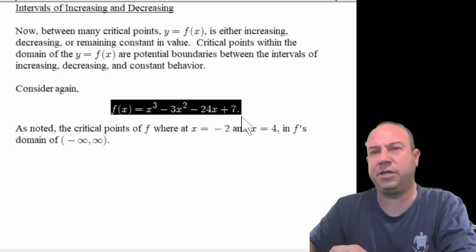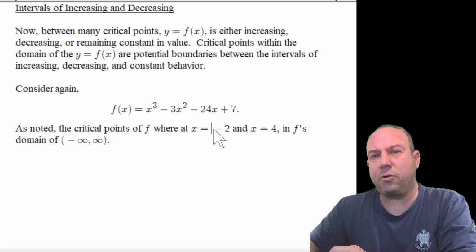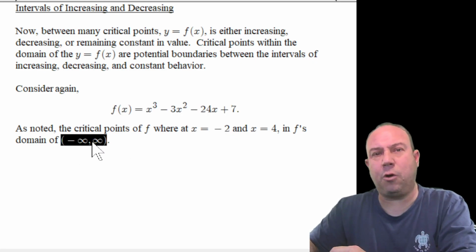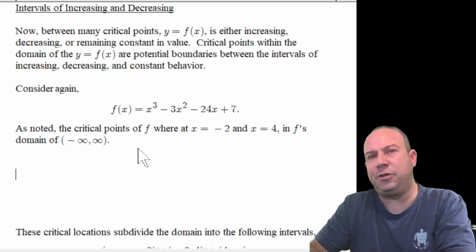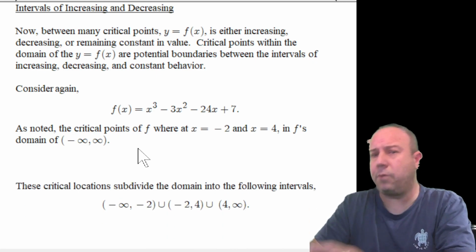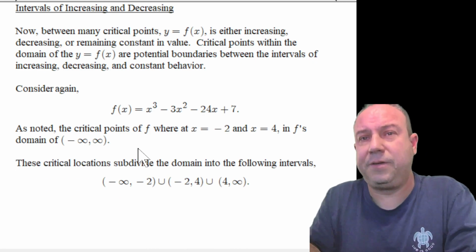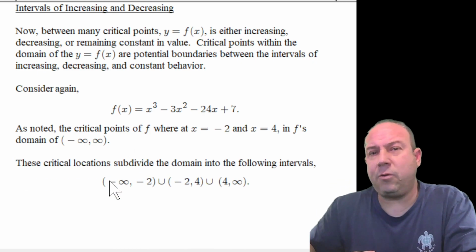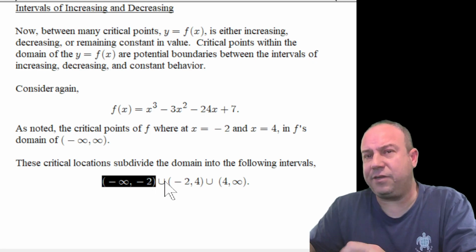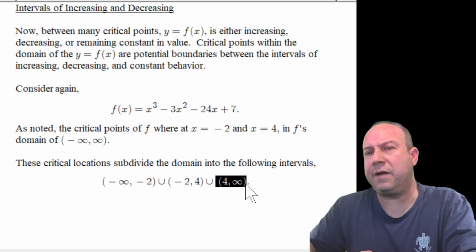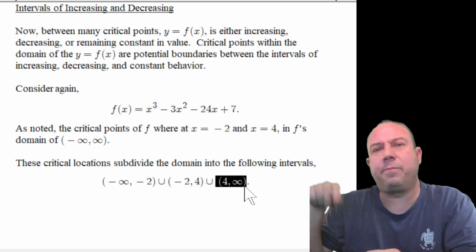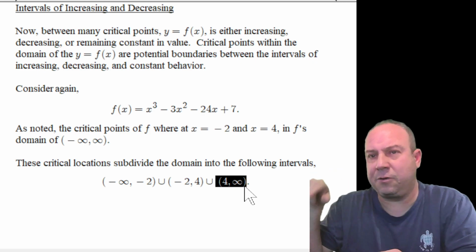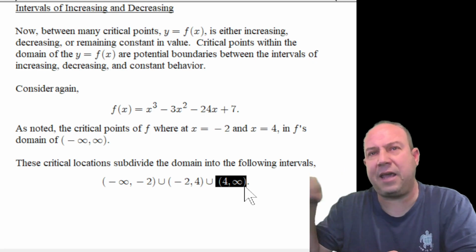If we think about these critical points in this domain, they subdivide the domain into three portions: from negative infinity to negative 2, from negative 2 to 4, and from 4 to infinity. These become our potential intervals for increasing, decreasing, and constant behavior.